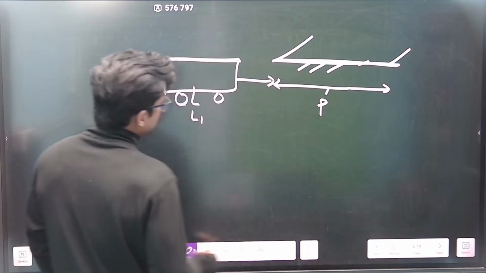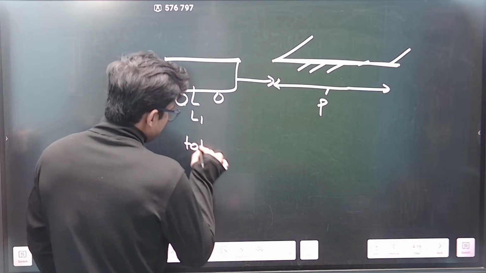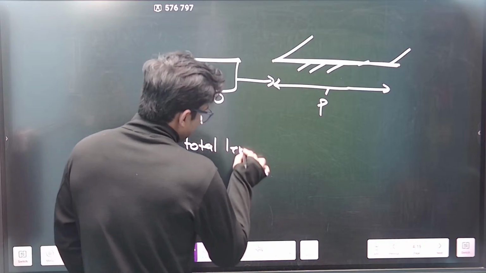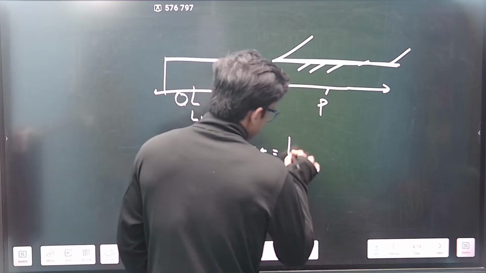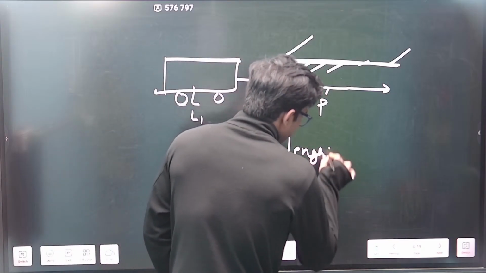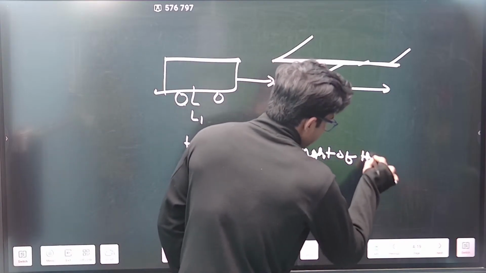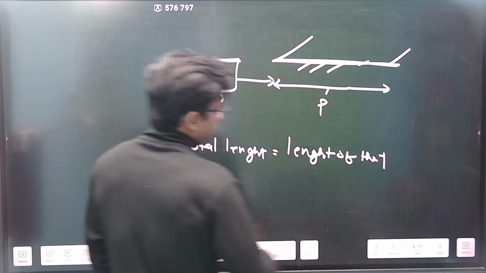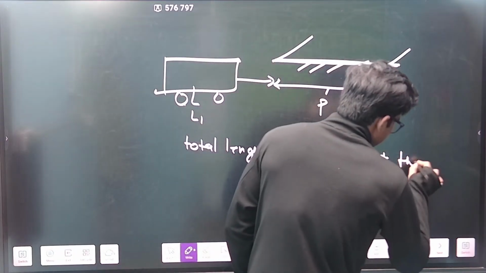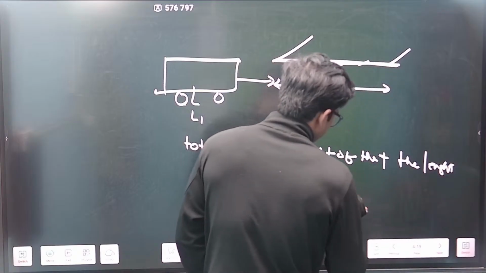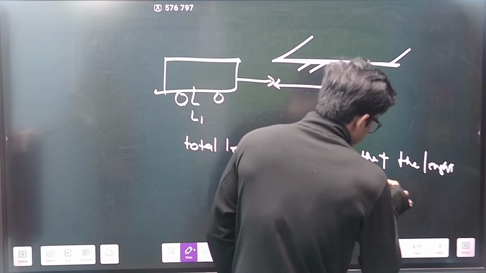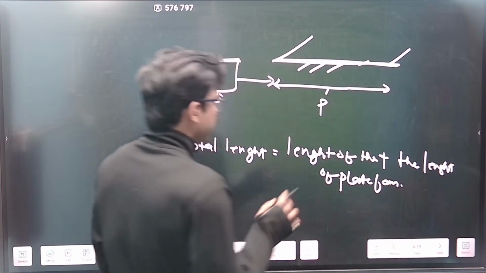So the total length is length of the train plus the length of the platform. Is it right? This is the first part.